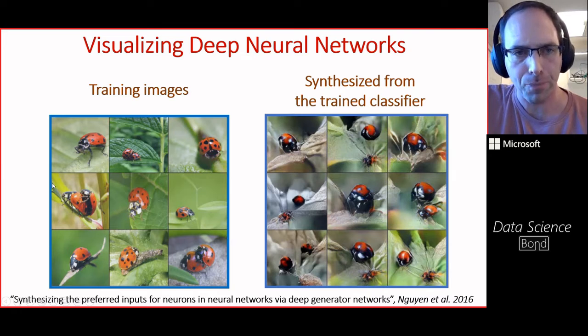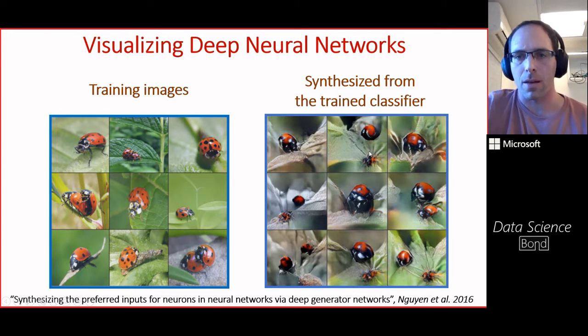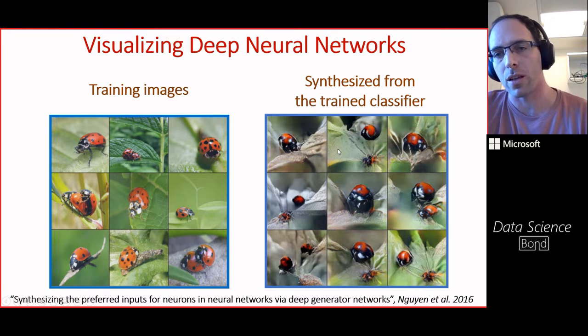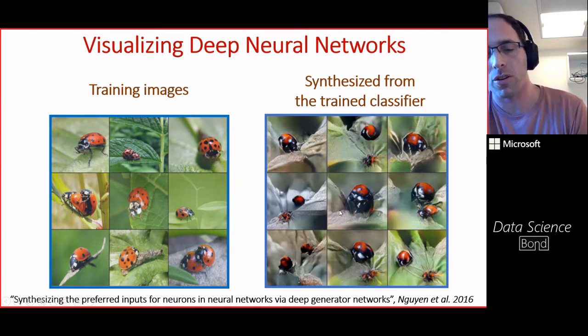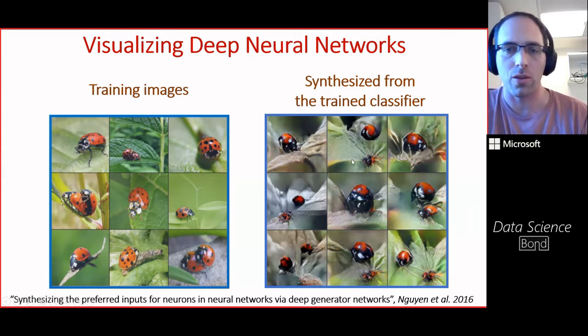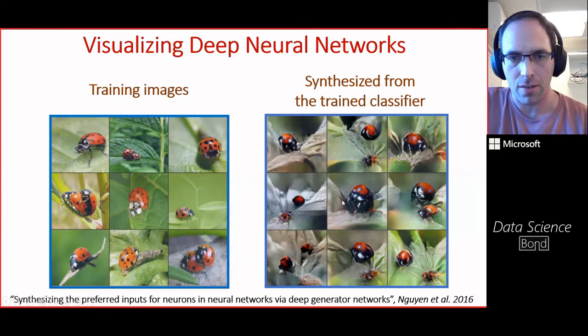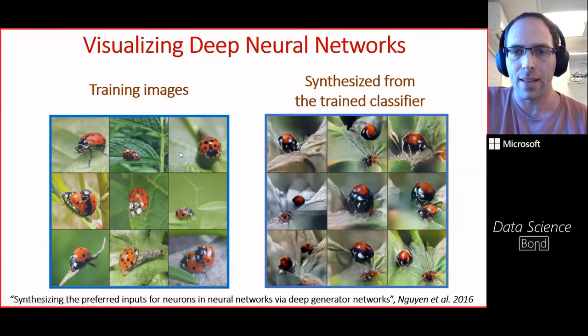So here are training images of ImageNet, and these are images that were synthesized from this trained classifier by using some strong prior on the data. So we don't know the exact data. We know that this classifier was trained with images from ImageNet, so we can train again a generative adversarial network on images from ImageNet, and then use it as a prior in order to do this activation maximization, and you get very nice images that resemble the training data.